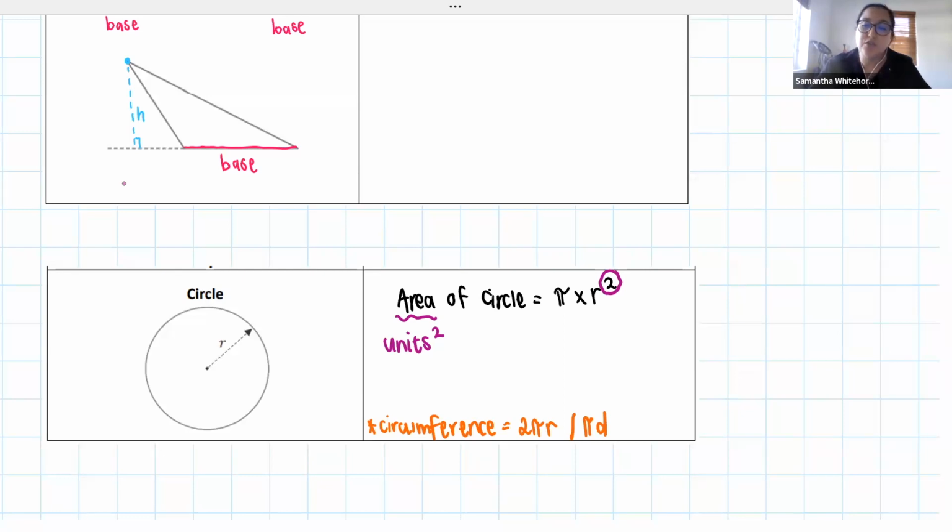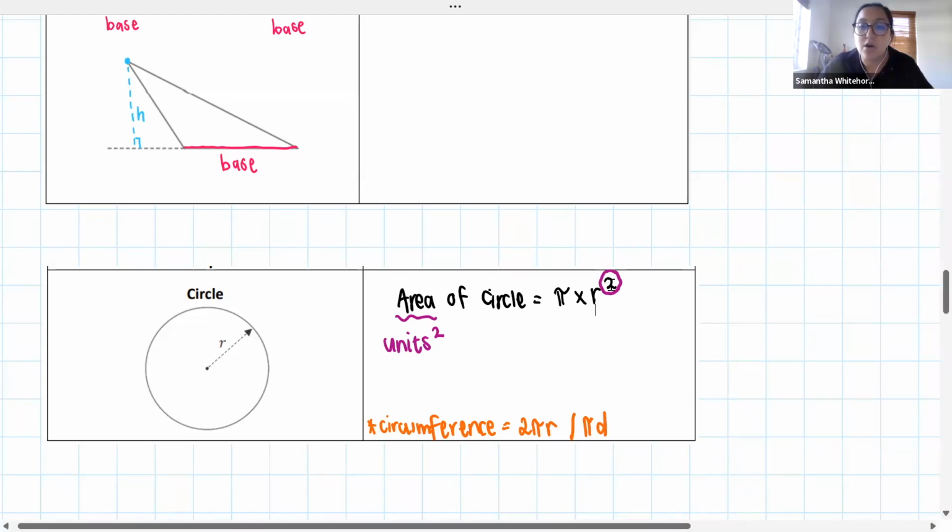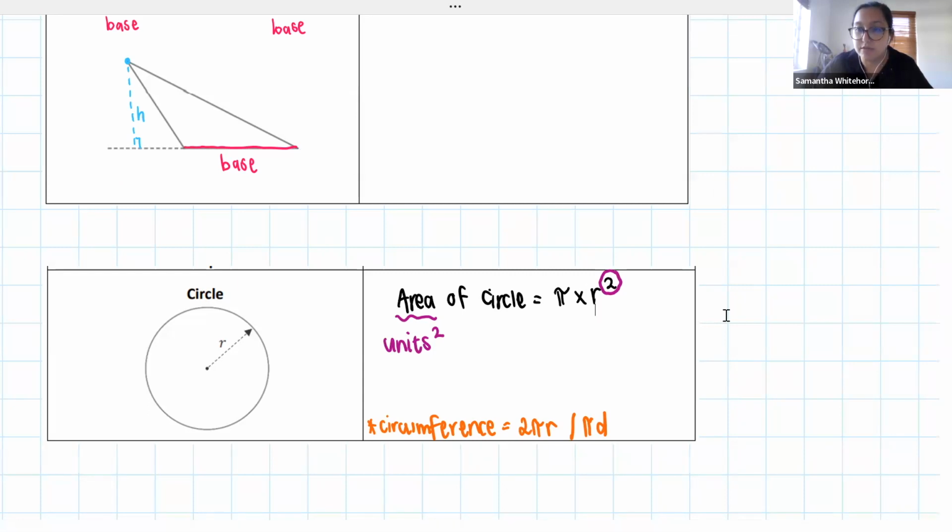If I then have 2 pi r, I'm talking about the circumference. All right, so it's really important that we don't get our formulas mixed up. We just need to remember that if it's got the r squared, we are talking about area. If there is no r squared, we're talking about the circumference.